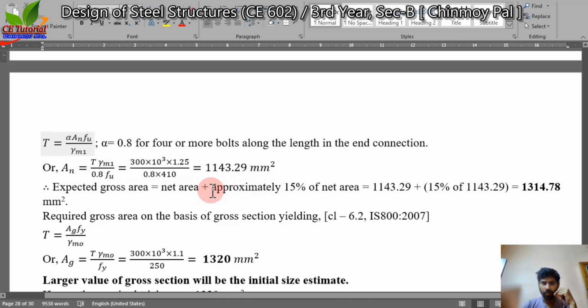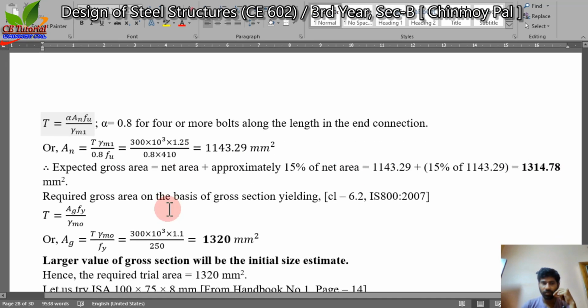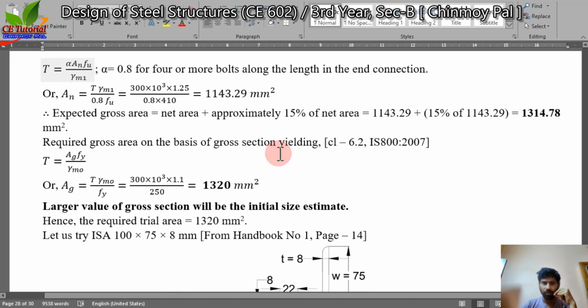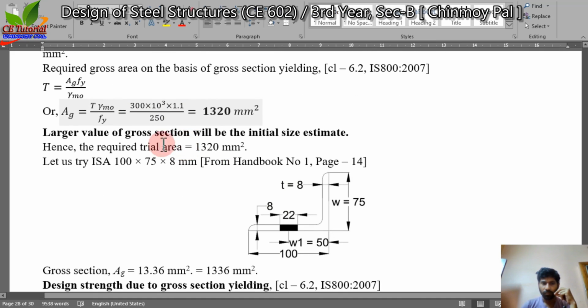That's why we are adding 50% more with that, that is 1314.78 millimeter square. Now from cross section yielding we are calculating the cross section directly, that is 1320 millimeter square. I am not showing you the IS code of those clause or formula because previously I have done many times.